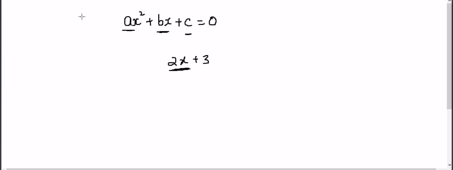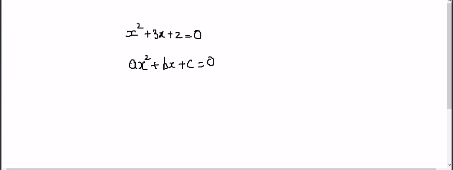Now let me see how to solve the quadratics using factorization method. So I am writing one simple equation. It's x squared plus 3x plus 2 equals 0. If I compare this with our standard equation, that is ax squared plus bx plus c, I'll get a equals 1.